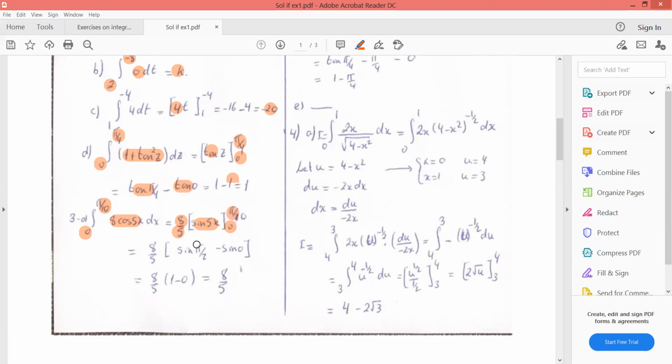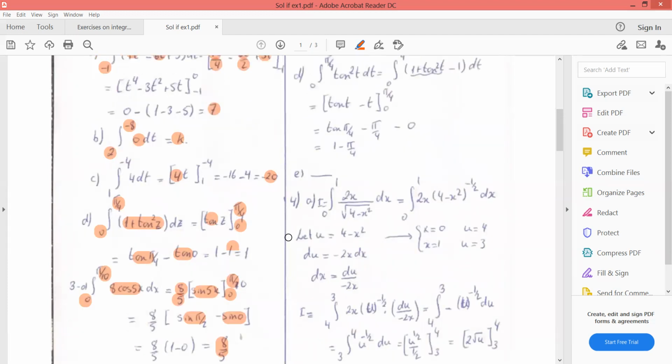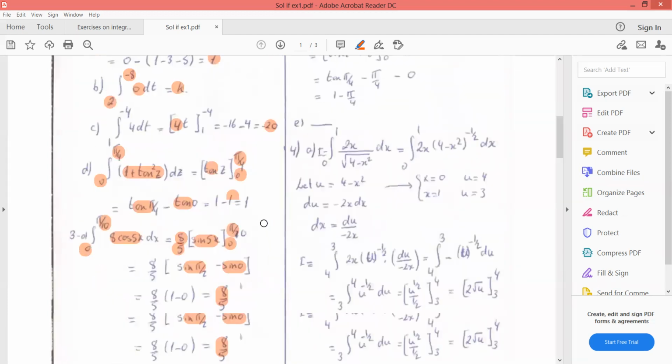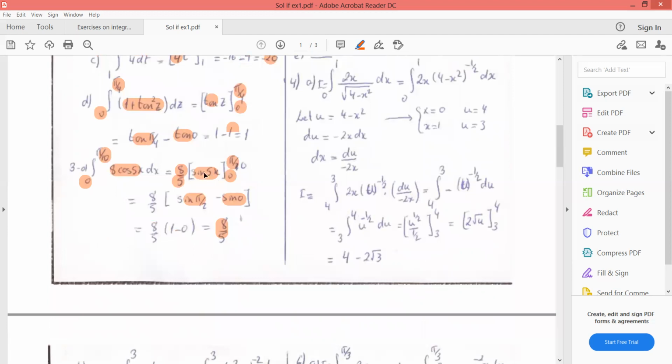First time we replace by pi over 10, we get sine pi over 2 minus sine 0. Sine pi over 2 is 1, so we get 8 over 5. How did 8 over 5 come up? The integral of sin ax is minus 1 over a cosine ax, and the integral of cosine ax is 1 over a sin ax.